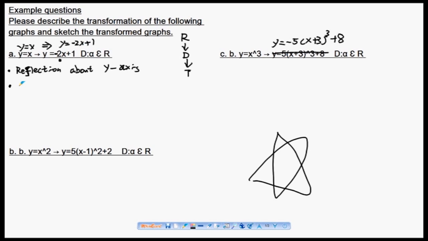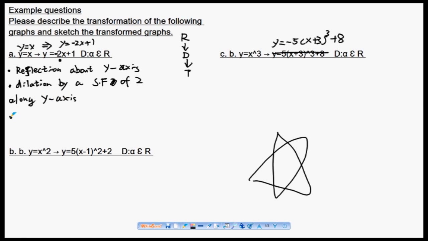So what I can say here is dilation by a scale factor of 2 along the y-axis.